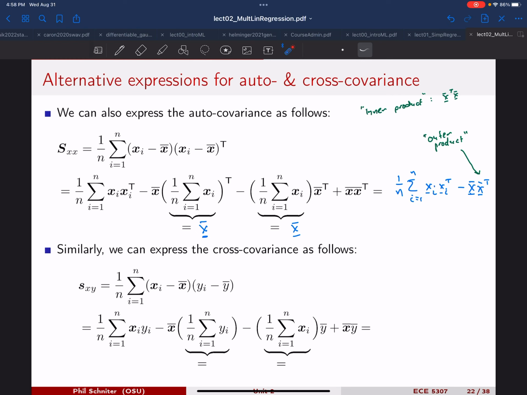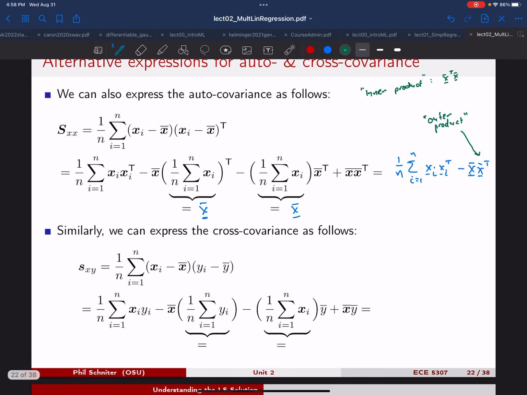Okay, so then the other expression is, we do the derivation very similarly. We start with the definition from the previous page, and then we expand out this quadratic, and we have xi times yi here, and then we have x bar times yi here, where we move x bar outside the sum because of linearity. It doesn't depend on i. For the next term, we have our xi times y bar, like this, and then finally we have our x bar, y bar here.